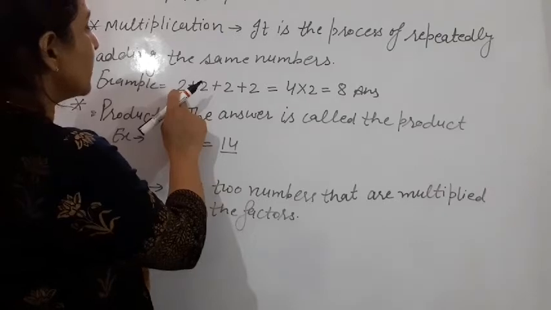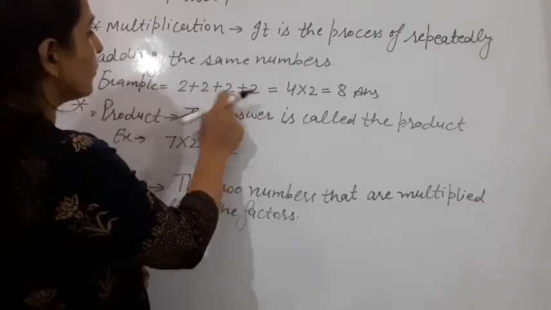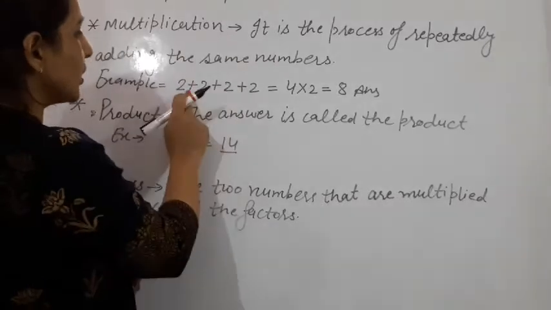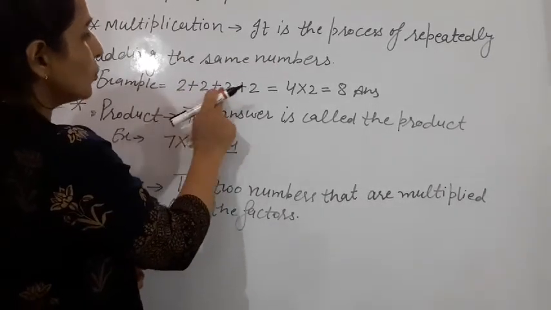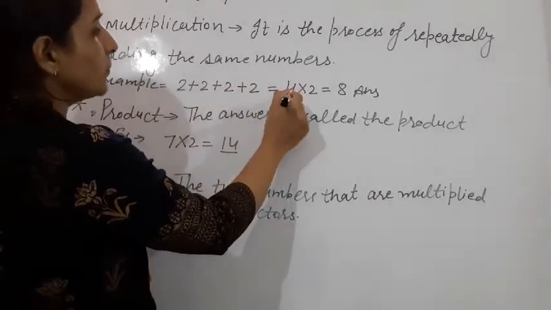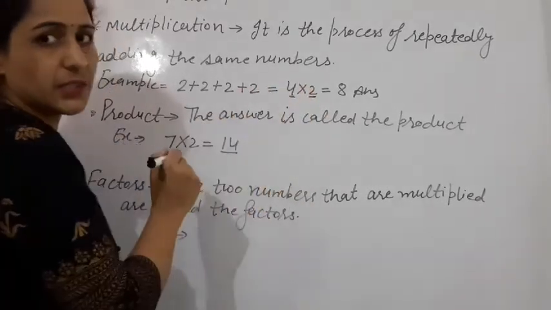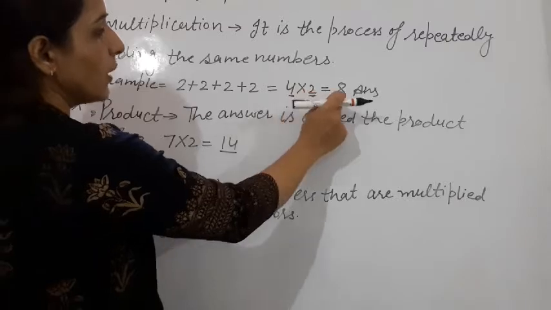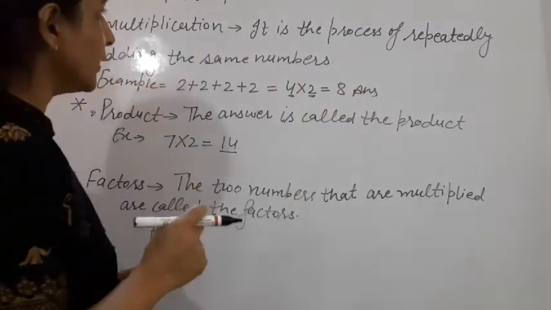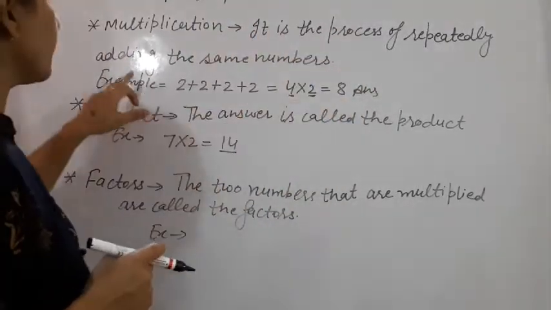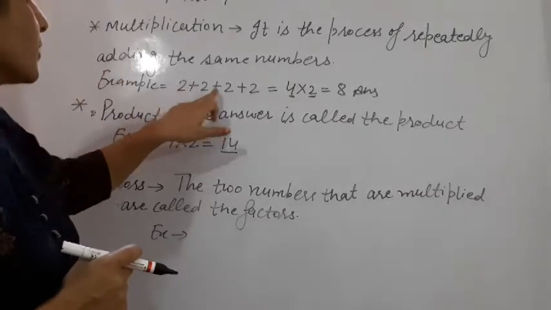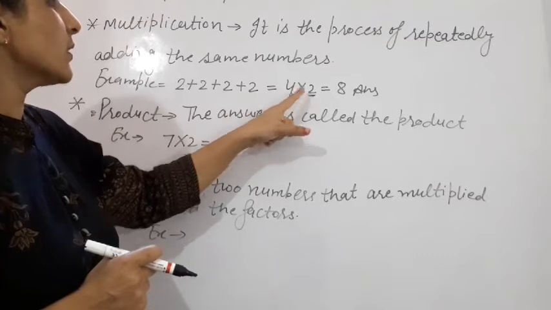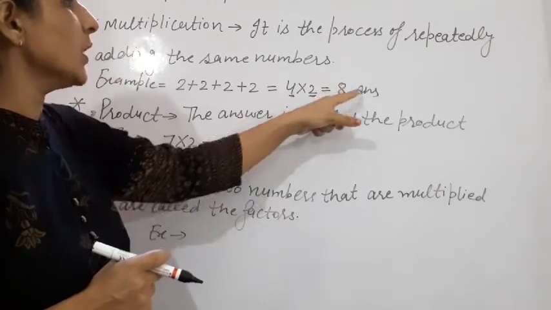It means the repetition of addition of the same number is called multiplication. Here 1, 2, 3, 4: 4 times 2 is repeated. So we multiply 4 by 2, our answer is 8. Clear? So it is the process of repeatedly adding the same number. 4 twos are 8, here 2 is repeating 4 times, so 4 twos are 8.